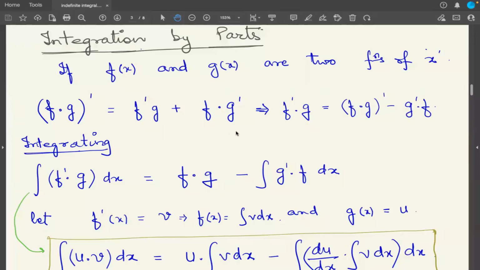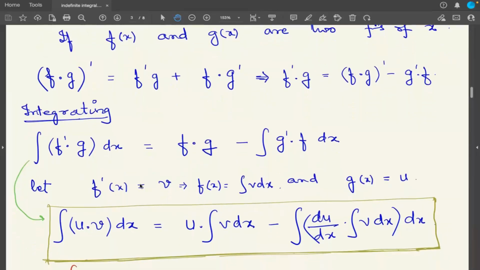What we do, we just try to manipulate this thing. If we find f dash g is equal to f dot g whole differentiation minus differentiation of g dot f, and when we integrate this, what we get is the integration of f dash, which is the differentiation of f with respect to x, whatever it is, dot g dx.